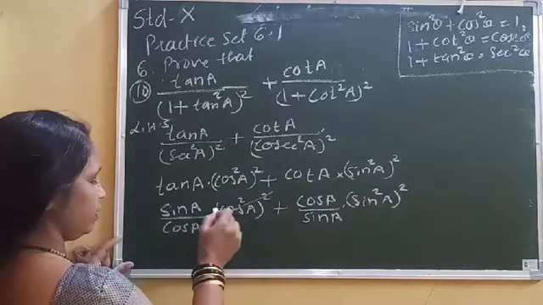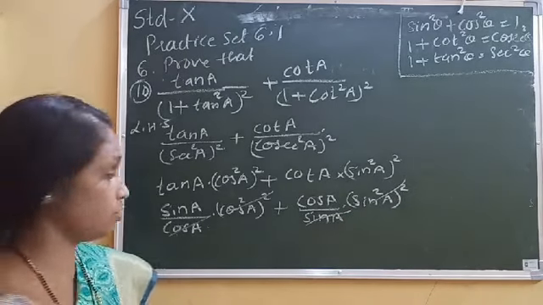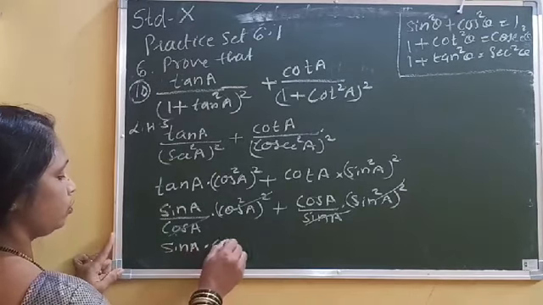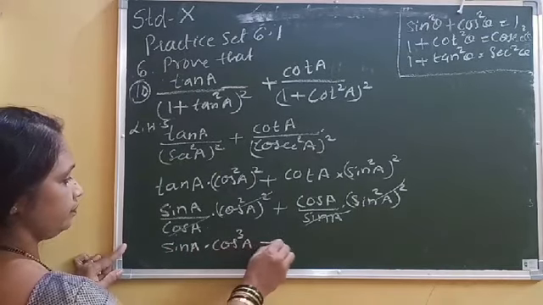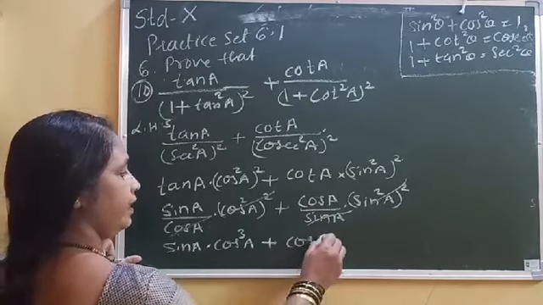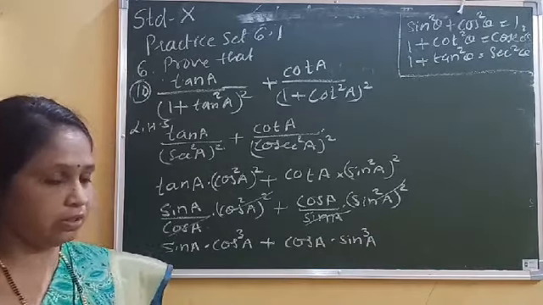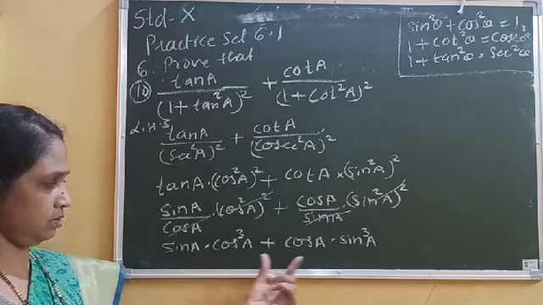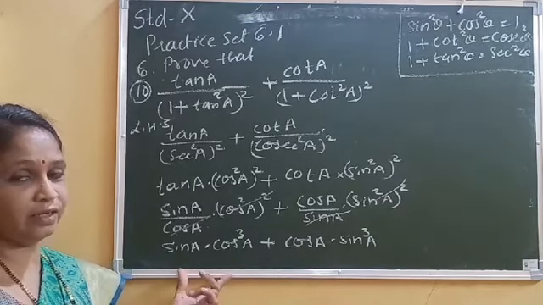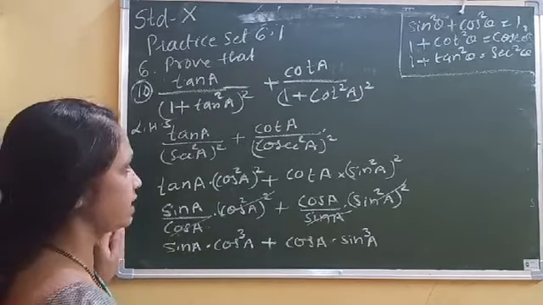See, from this one cos will get cancelled, from here one sin will get cancelled. So what remains here? Sin A into cos cube A plus cos A into sin cube A. Now see here, there is sin cos here, and here also sin cos. So what can you do? You can take cos and sin common from this.